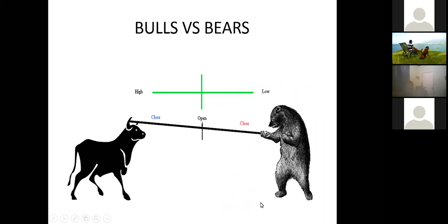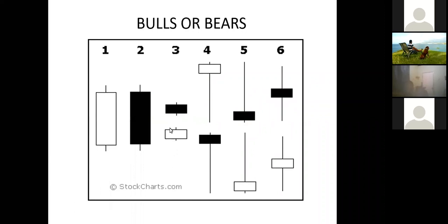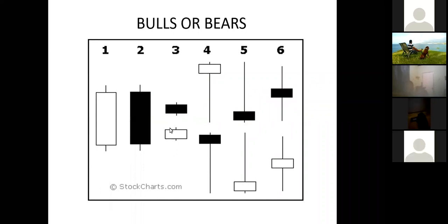Let's say this was an hour time frame: this new hour started, this was the opening price, and within the first few minutes of the hour, the market decided to push all the way down to this low. This is where this long wick ended up, the tail of the wick, or the end of the wick.